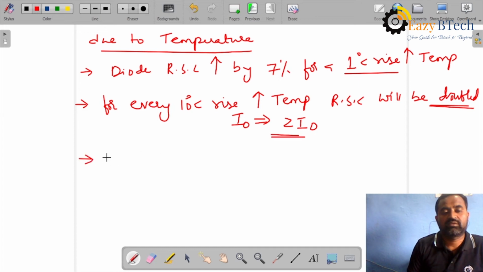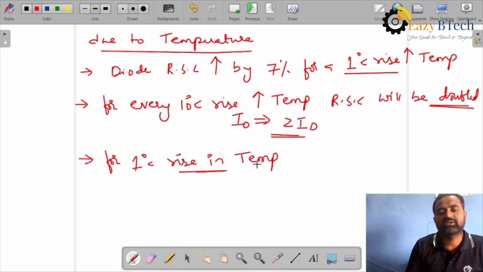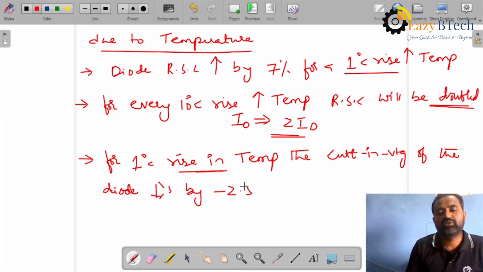Next, for 1 degree rise in temperature, the cut-in voltage of the diode decreases by 2.5 millivolts.